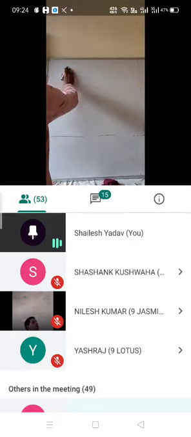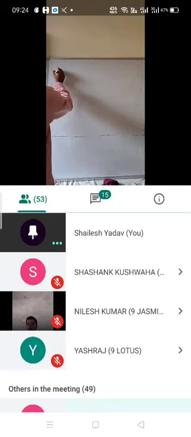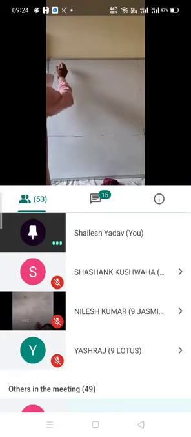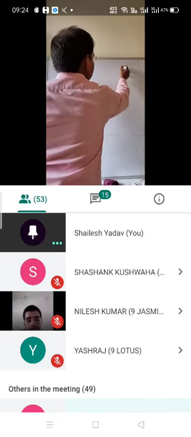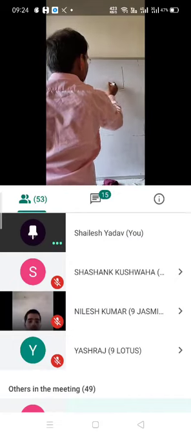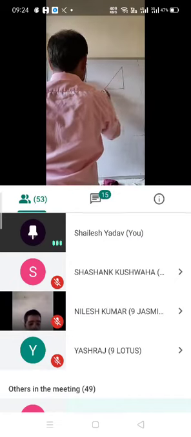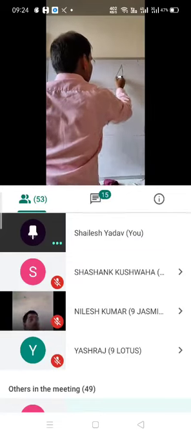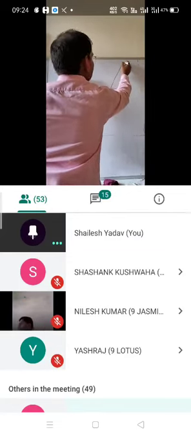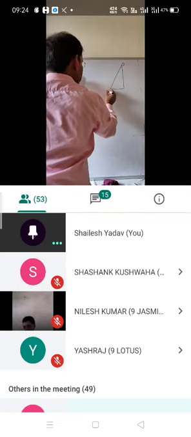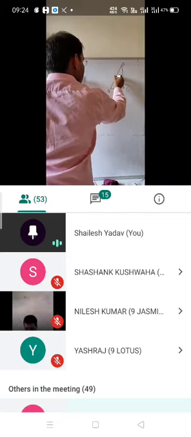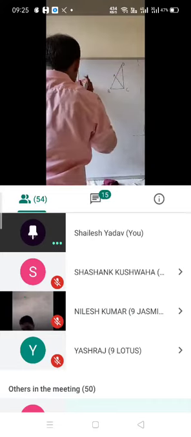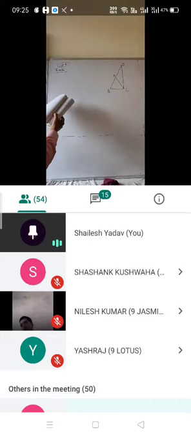Okay, so again I am going to explain question number 6, which is given on page number 124. A diagram is given like this. Here it is given D, B, C, and here it is A. Now I am going to read the statement of the question.